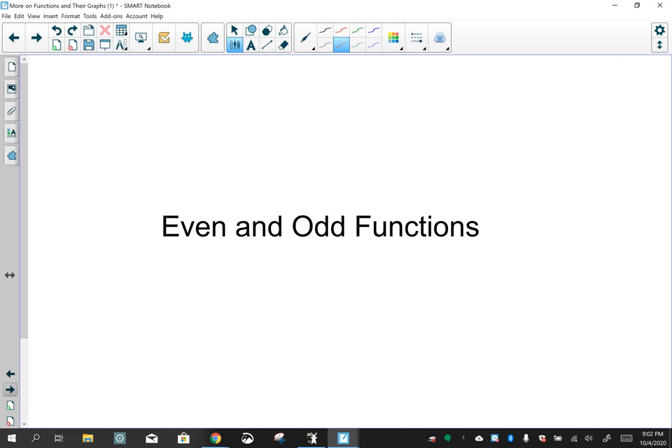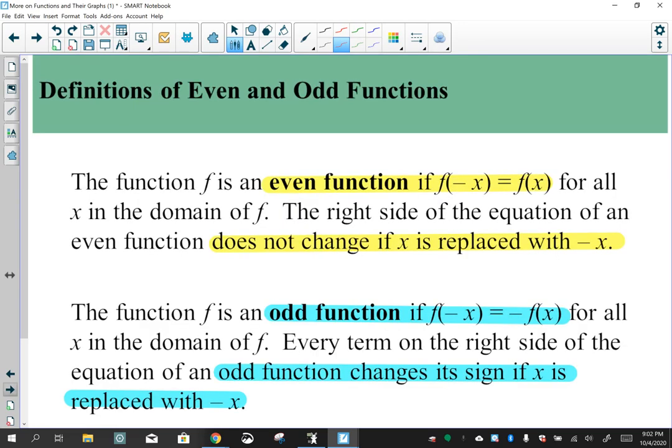All right. So let's talk about symmetry and even and odd functions. When we deal with even and odd functions, some of this you've seen before, some of this might be kind of new, but let's talk about what an even and odd function is.